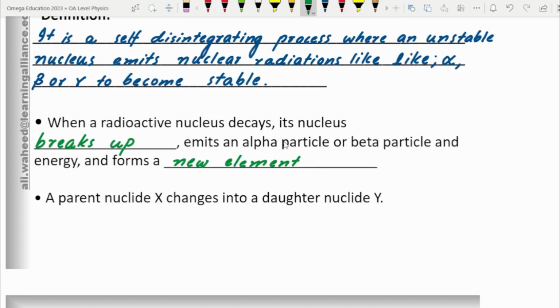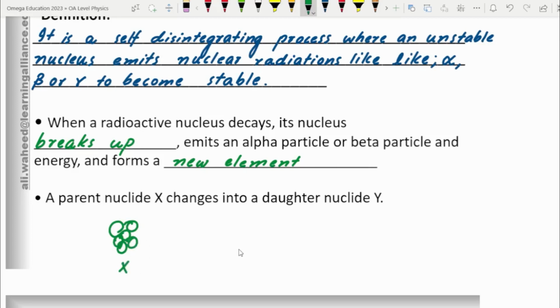What do we mean by this? I'll explain afterwards. The element that you were having previously, which was going to have a radioactive decay, that element would be called the parent nuclei. So let's say this is the element with plenty of atoms.